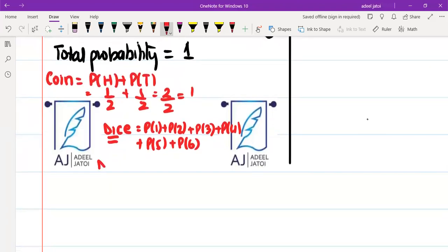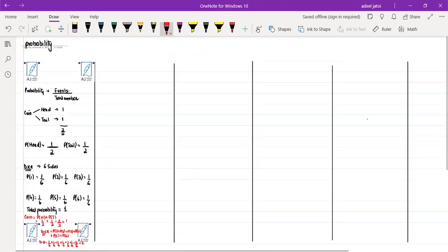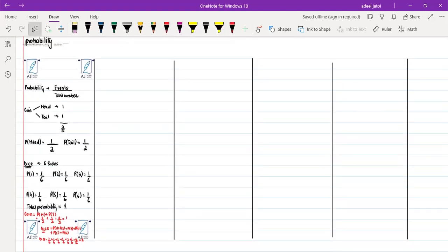So all of them should add up to 1 upon 6 plus 1 upon 6 plus 1 upon 6 plus 1 upon 6 plus 1 upon 6 plus 1 upon 6, which is 6 upon 6, which is equal to 1. So the total probability for any event will always be equal to 1.